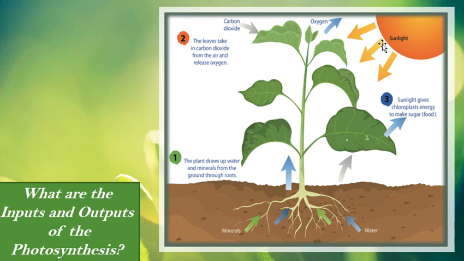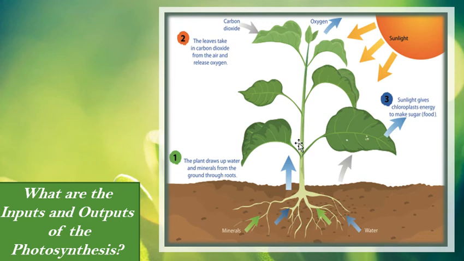If you look at this illustration again, where are most of our inputs going? Carbon dioxide goes to the leaves. The sunlight goes to the leaves. So, definitely, it happens in the leaves of the plants.